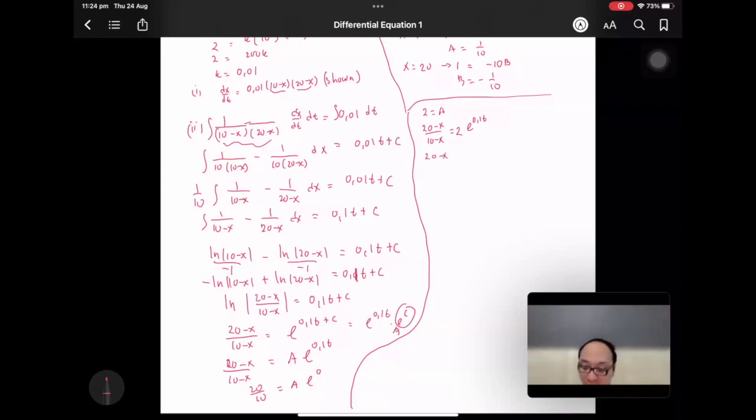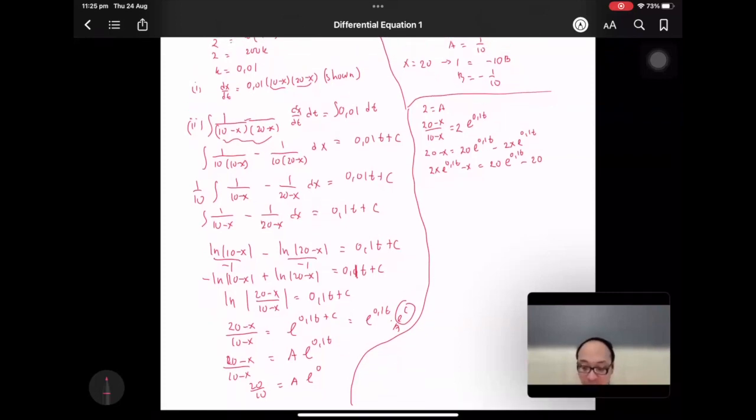And we will have 20 minus x equals 20e^0.1t minus 2x e^0.1t. And we have to collect the x, so it will be 2x e^0.1t minus x equals 20e^0.1t minus 20.